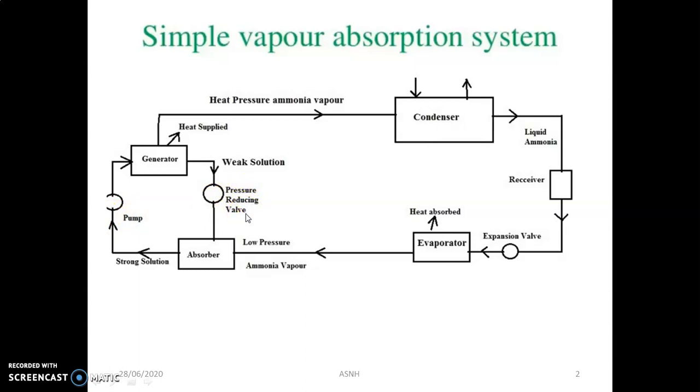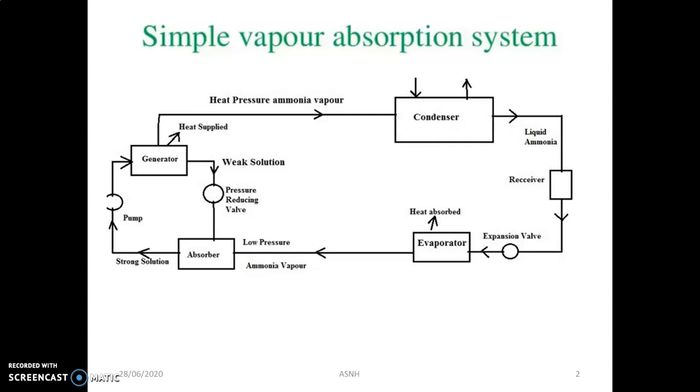So students, the main difference between the vapor compression and vapor absorption refrigeration systems is that in the vapor compression system, the compressor is the main component, and it is used to increase the pressure and temperature of the refrigerant.